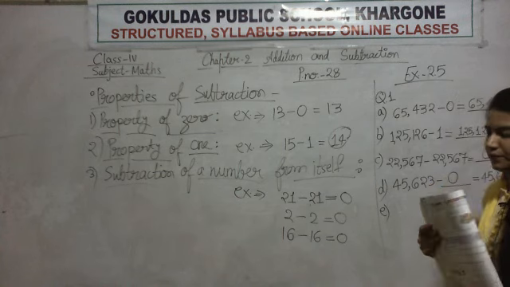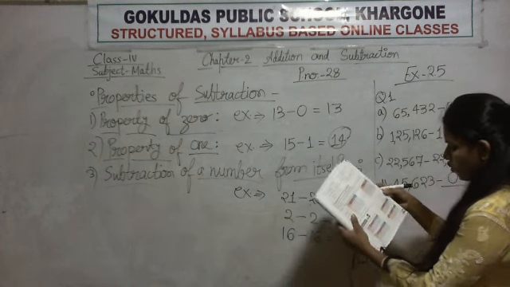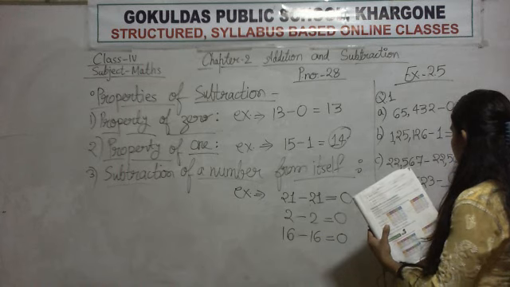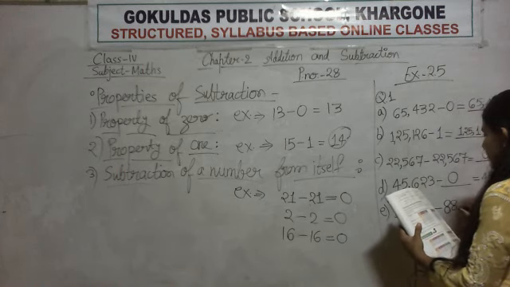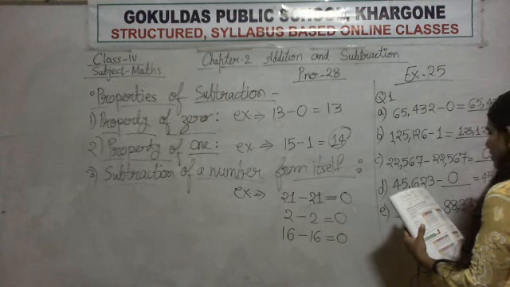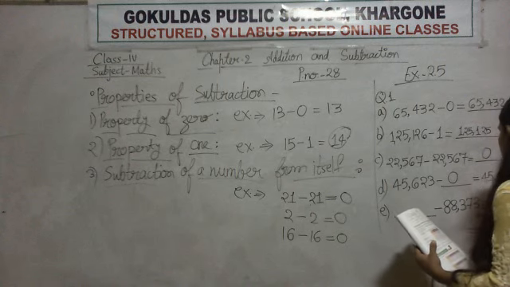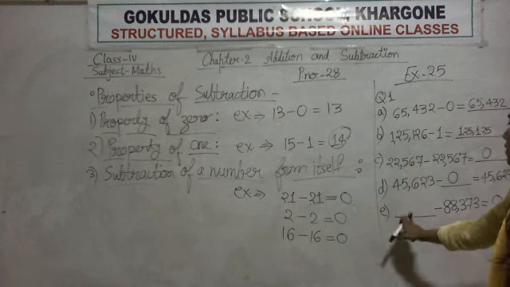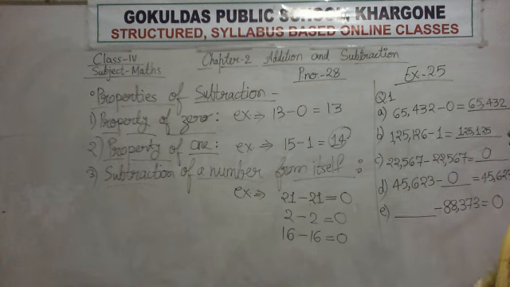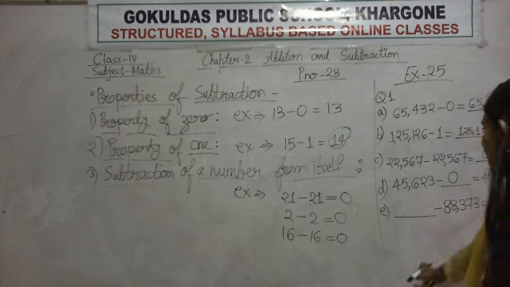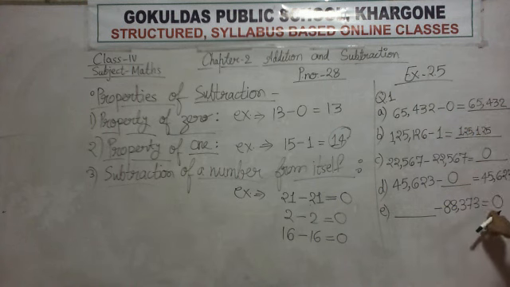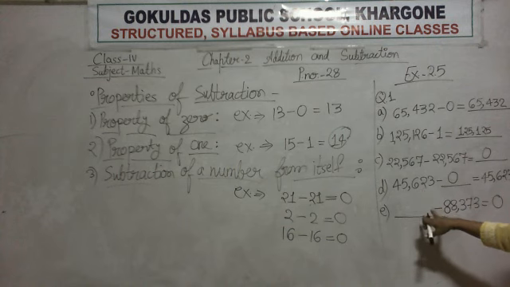Part E, which is on page number 29, blank minus 88,373 equals 0. Which number will come here to get 0? Observe the properties. We get the answer 0 when we subtract a number from itself.